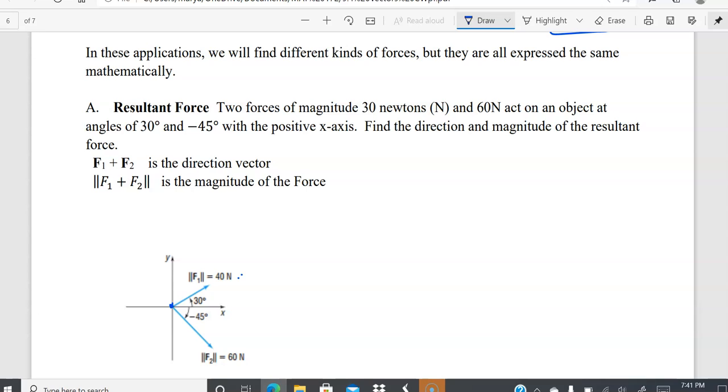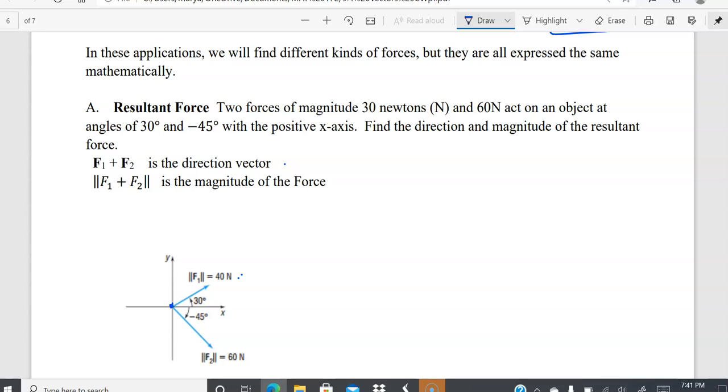So we have to find the direction vector, and the direction vector is found by adding those two vectors. Just think of it as one person pulling at F1, one person pulling at F2. Where is that object, that point, going to go?